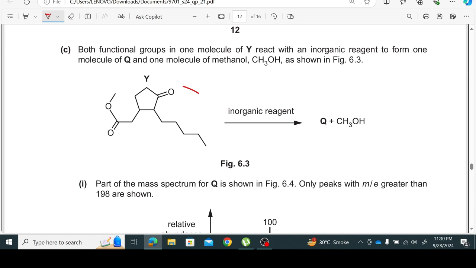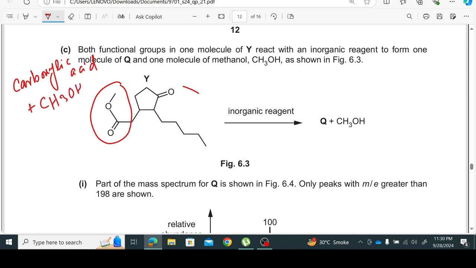You know, it is an ester. When a carboxylic acid reacts with an alcohol, that is methanol, CH3OH, you will get an ester.